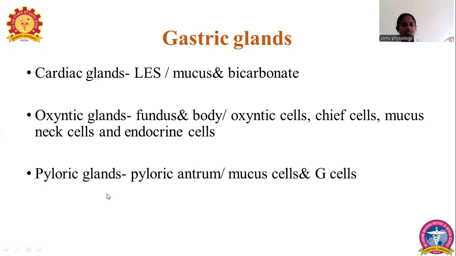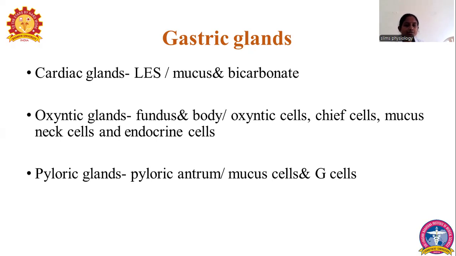In the same way, pyloric glands also secrete a lot of mucus from mucus cells, and they also have a specialized cell called the G cell, which is a local enteroendocrine cell, which helps in the secretion of gastrin.